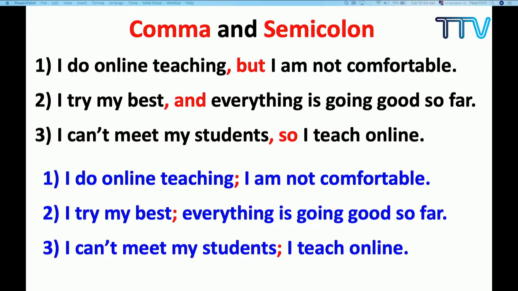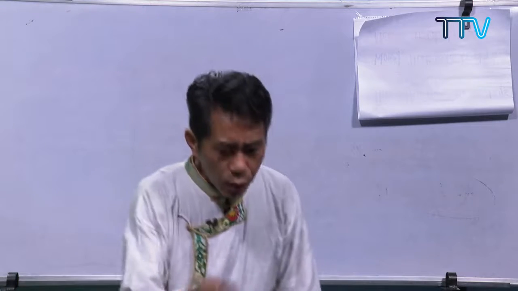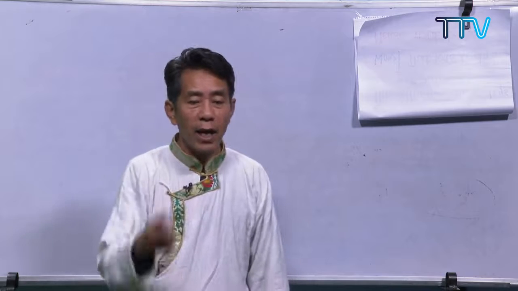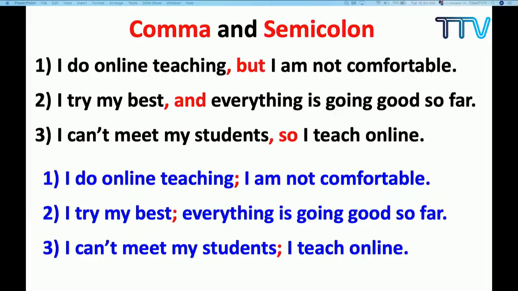Now, semicolon. If we want to use a semicolon, then we can omit the connector. Just look at the same sentence where I have used a semicolon instead of a comma and connector. I do online teaching; I am not comfortable.